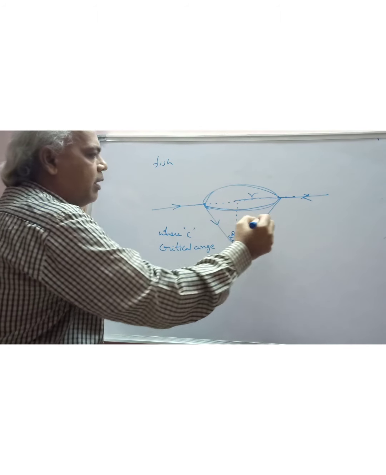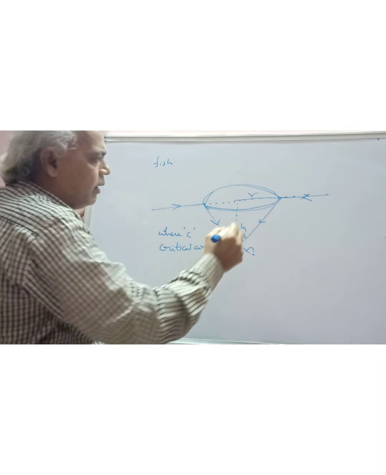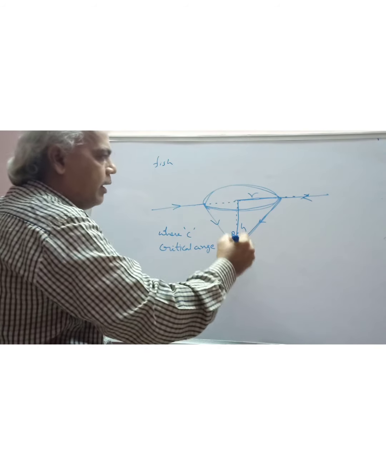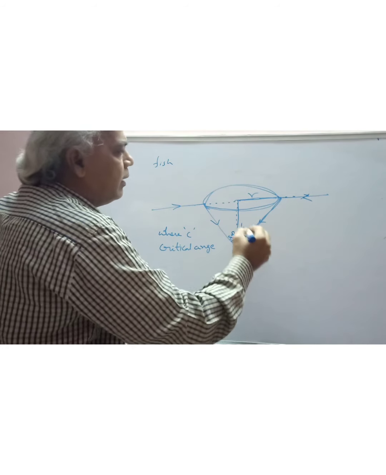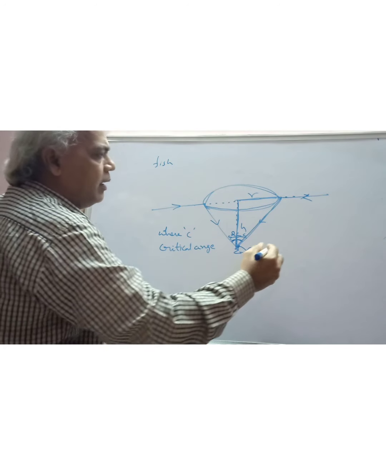The ray of light comes like this, from rarer to denser. So here it is a right angle triangle, with an adjacent side and an opposite side.